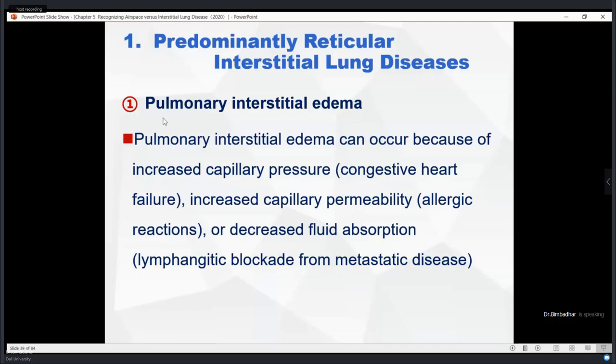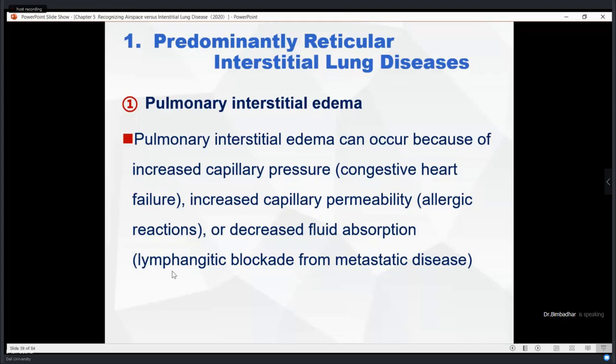So what are the causes of pulmonary interstitial edema? It can happen because of increased capillary pressure, increased capillary permeability, or decreased fluid absorption, which usually causes lymphangiectasis.